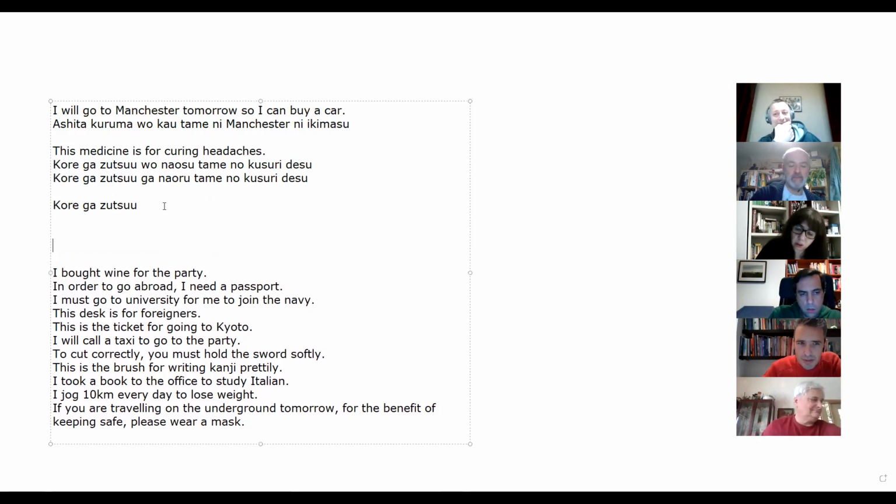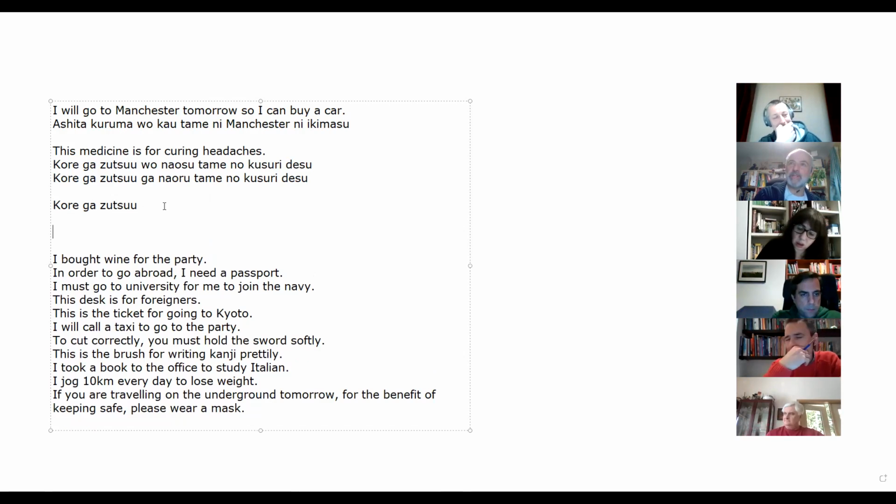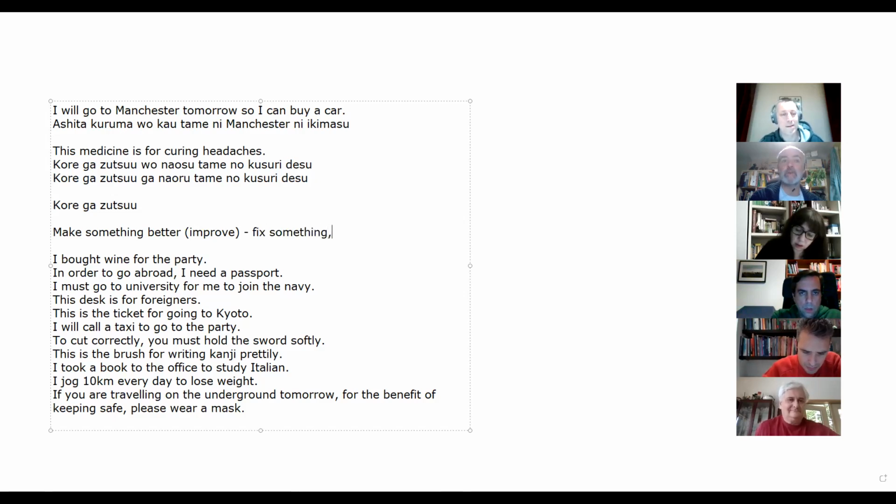It's a good question, and we should learn this because we can use it much more generally than just in application of this sentence. To make something better, in English we have one word for this, which is improve. You probably have a similar word in your own languages. This can mean to either fix something, like a headache, or to make it better than it is at the moment.